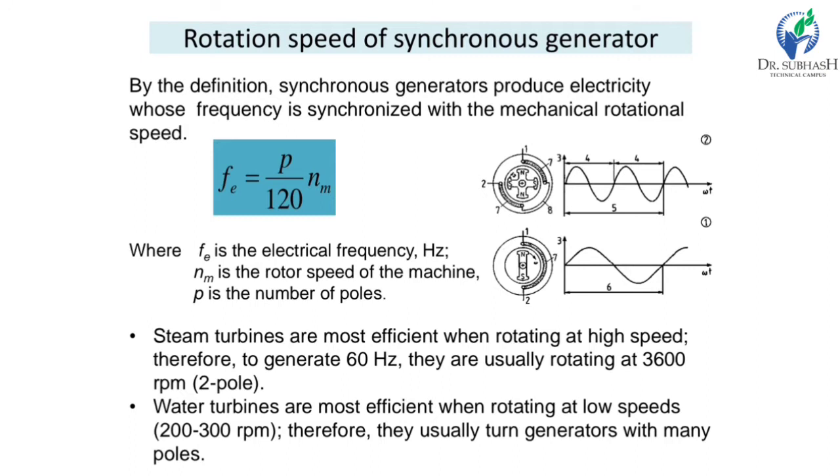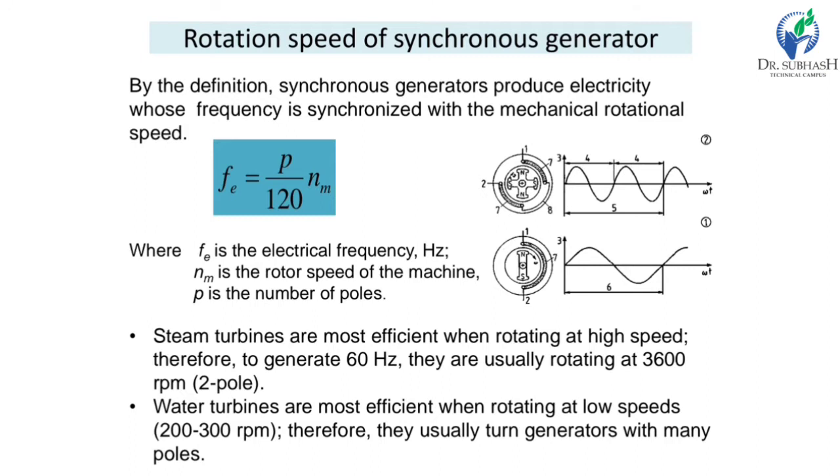Since one cycle is generated in the armature coil when a pair of field poles passes over the coil, the number of cycles generated in one revolution of the rotor will be equal to the number of pairs of poles. That is, the number of cycles per revolution is equal to small p and the number of revolutions per second is equal to small n.